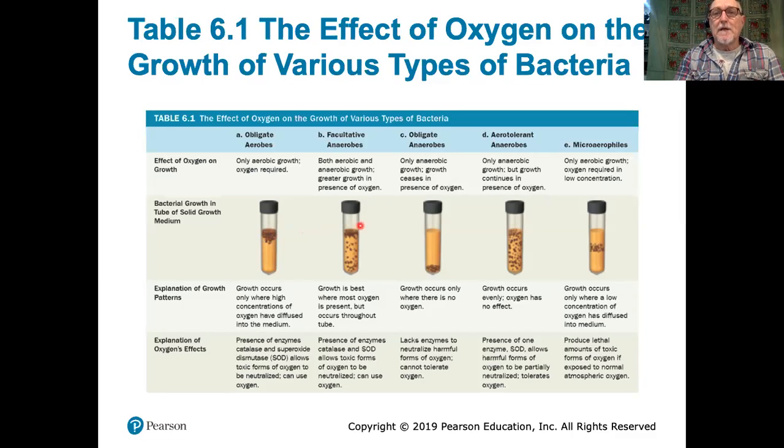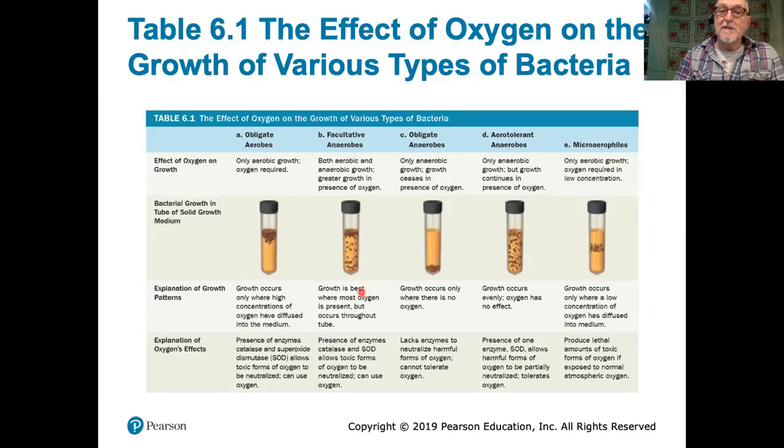Very, very frequently, you will encounter facultative anaerobes. Now, facultative anaerobes are organisms which grow in the presence or the absence of oxygen. And they are able to switch from cellular respiration to just using glycolysis and fermentation in order to survive.